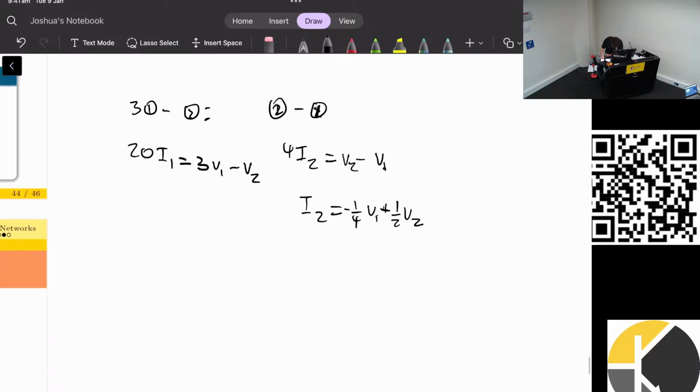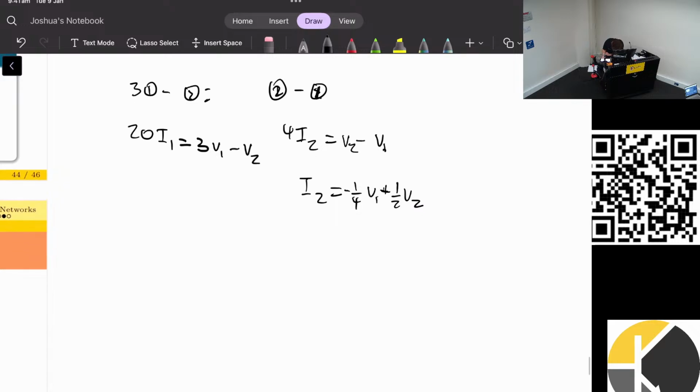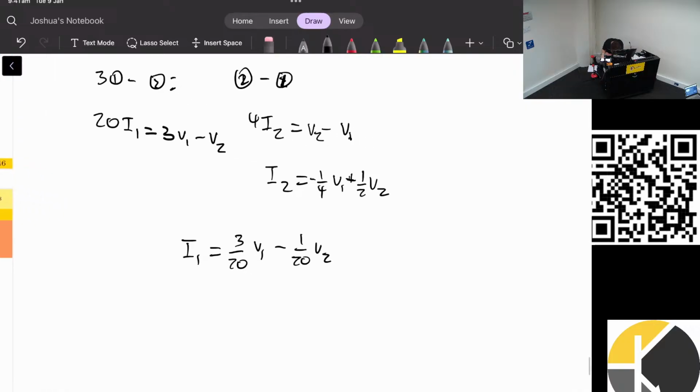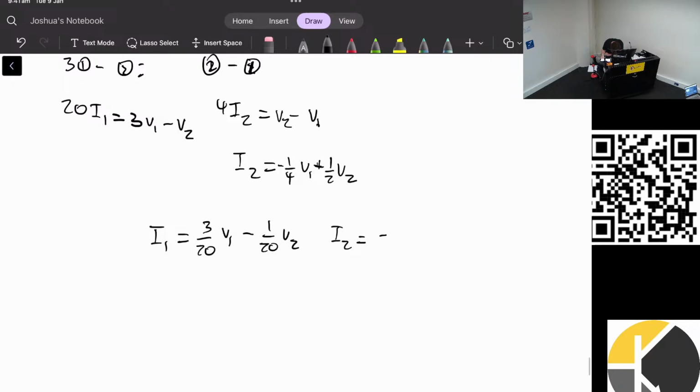Let's make this nice, and we're going to say i1 equals 3 on 20 v1 minus 1 on 20 v2, and I2 equals minus 1 on 4 v1 plus a half v2. You notice anything interesting about this?